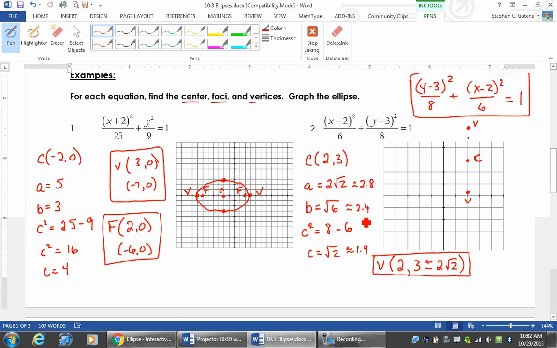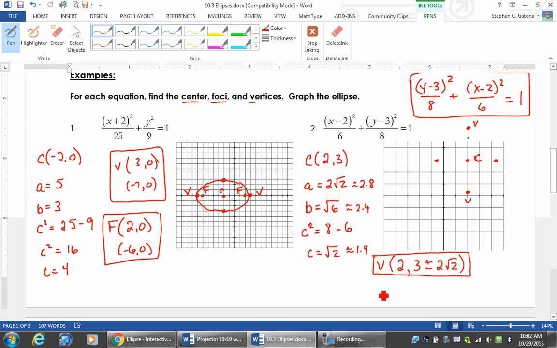Now we're going to use B, which is 2.4, and because we went up and down for the vertices, we're going to go right and left with the foci. 2.4, 2.4. We don't need to label what those are because they're just endpoints. They are not foci or vertices.